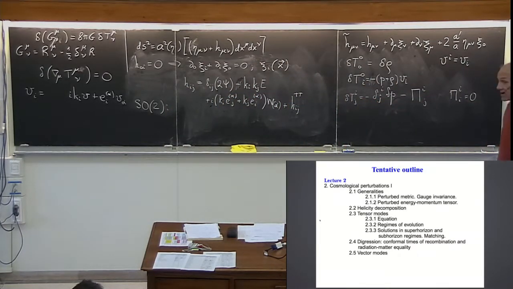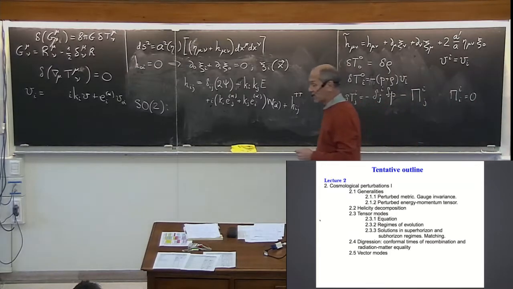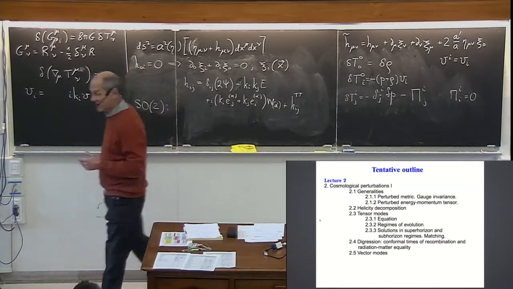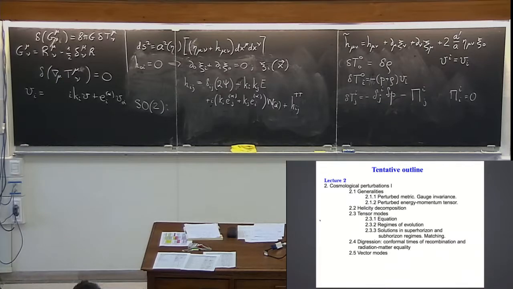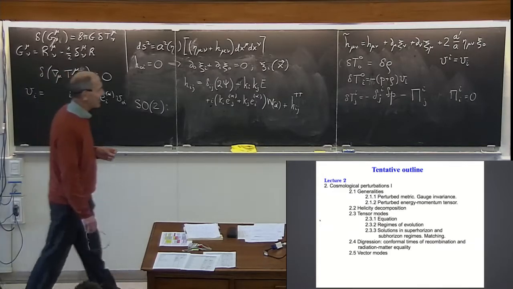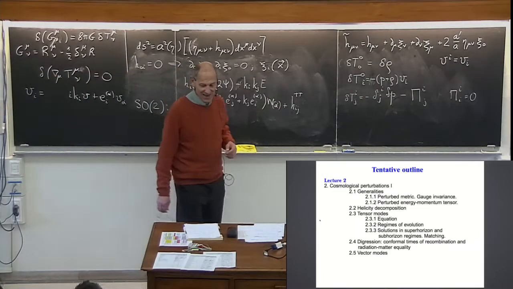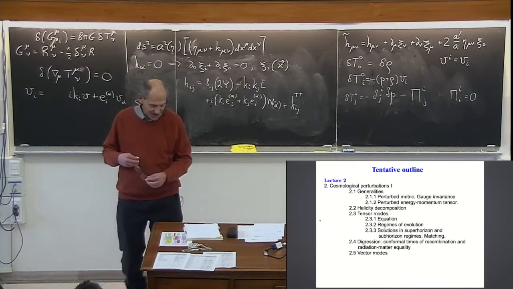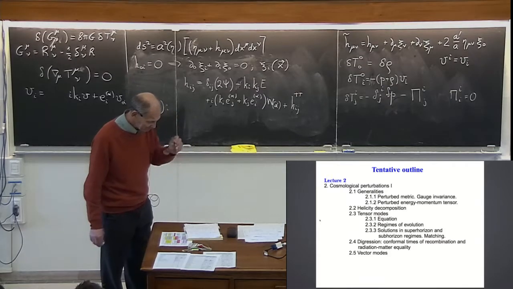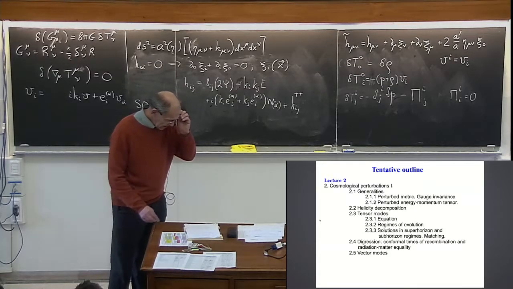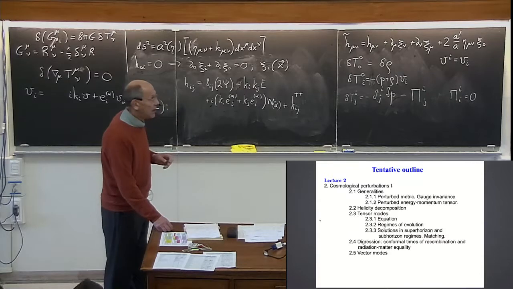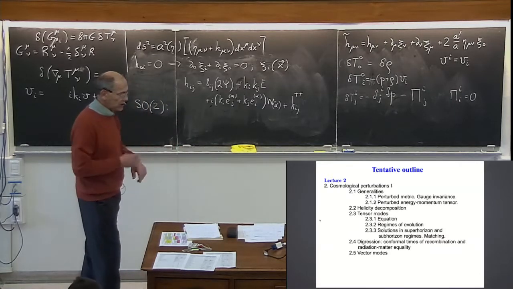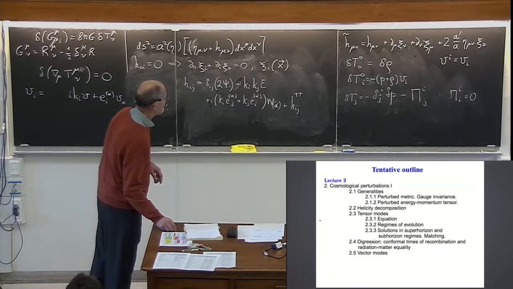Okay, that was realized very long ago by Lifshitz in 1946. You can't imagine that people were thinking about cosmological perturbations in 1946, but that was the invention of Evgeny Lifshitz. All right, so today we are going to concentrate on tensor modes.